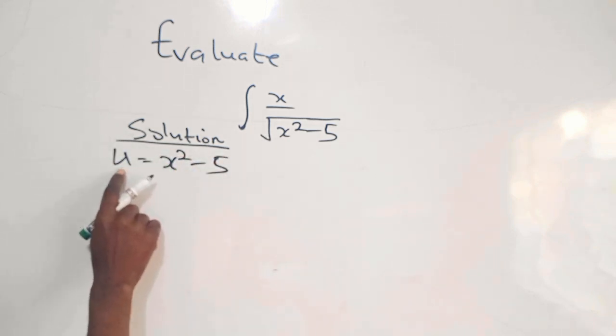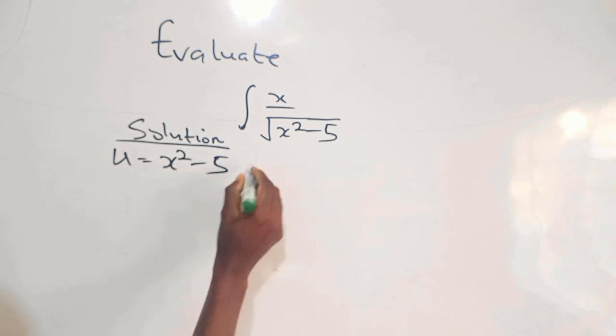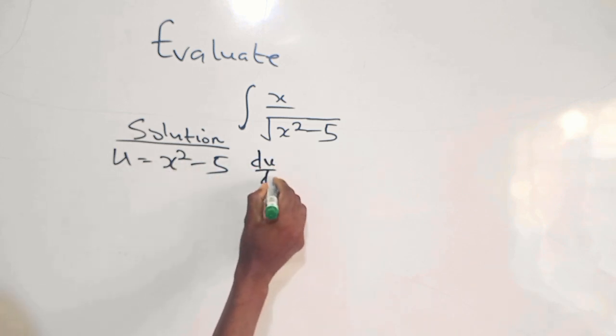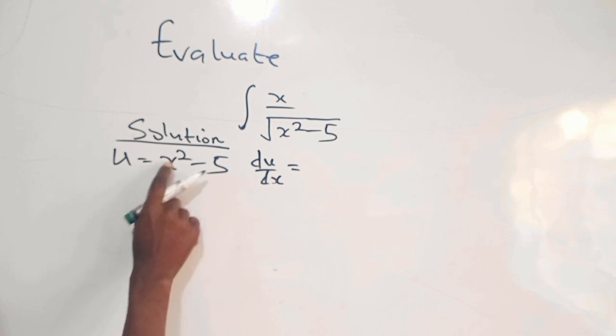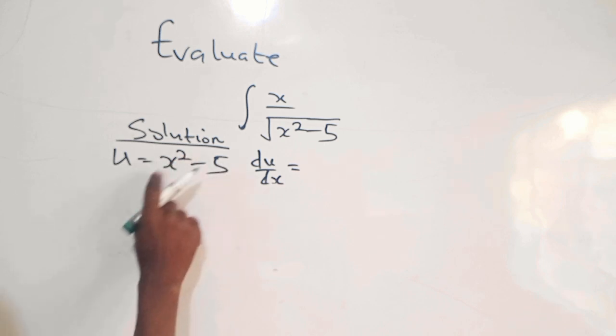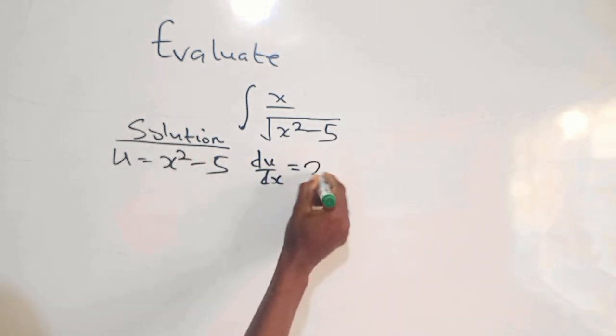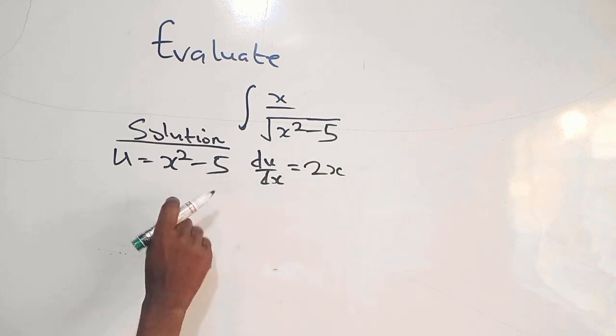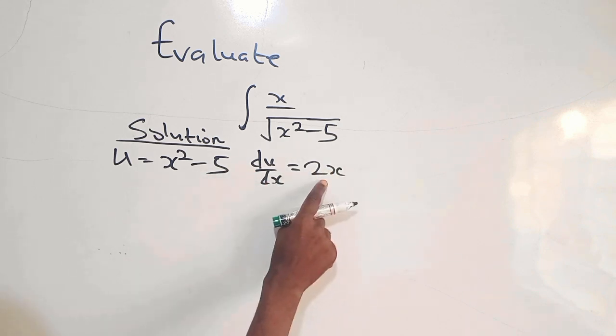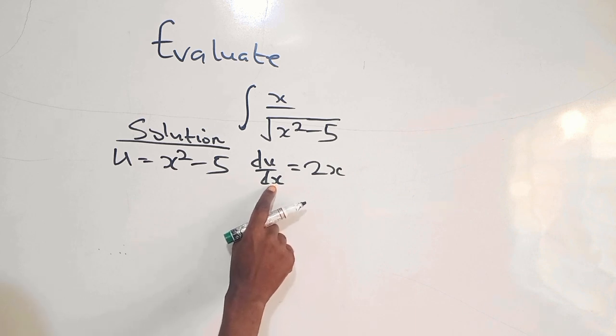So I have to differentiate this u with respect to x. I have du/dx equals, when I'm differentiating, I multiply with the power and subtract 1 from the power. So here I have 2x. Differentiating the constant, that is 0. So from du/dx equals 2x, I want to make dx the subject of the formula.